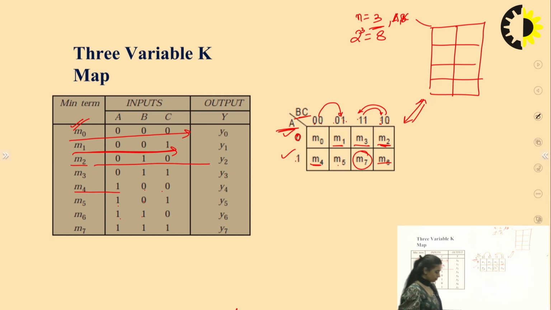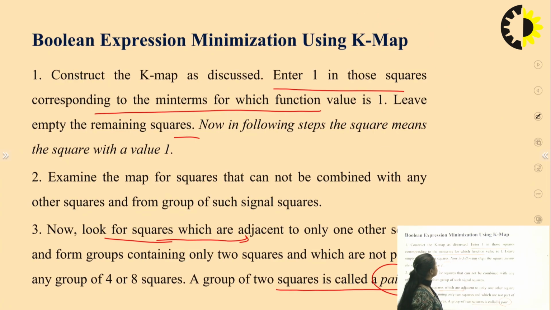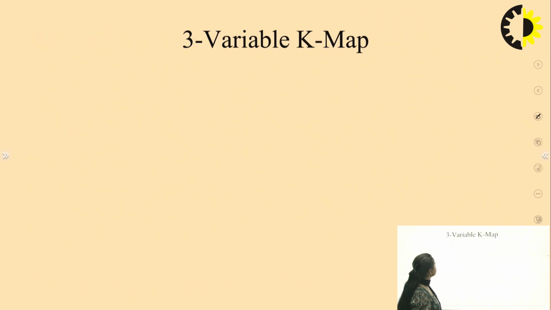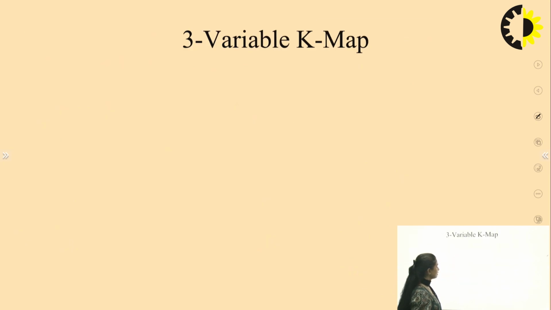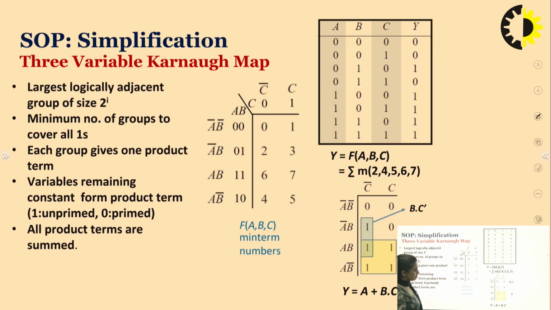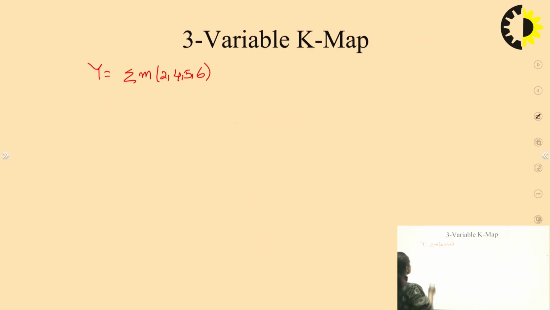Now let's solve some questions based on 3 variables. We'll take the case of Y equals summation of m 2, 4, 5 and 6. This is the question we are talking about. So first of all, as I described before, how do we check?